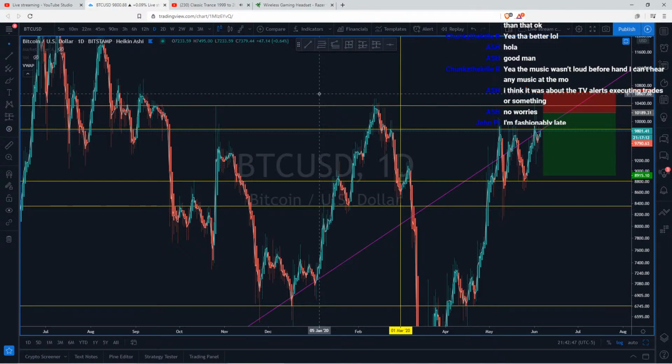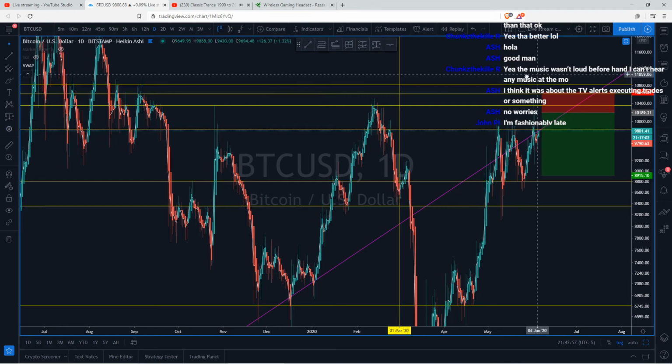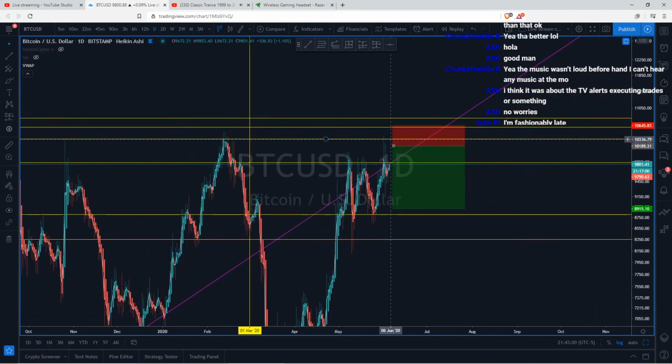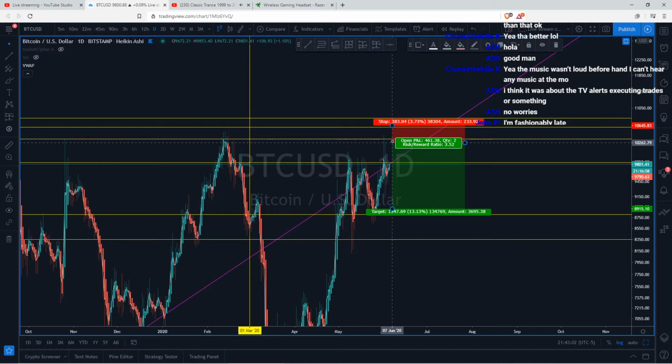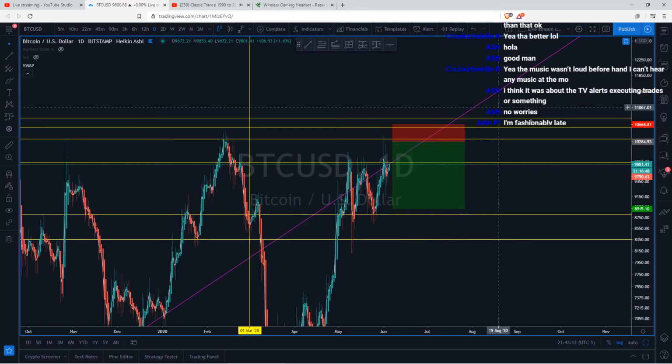Now you've got a resistance level right here. I'll go ahead and use a higher level. Let's say you're coming up on a key level, and you want to put in a short at that key level or around that key level, maybe just before that key level, and put your stop loss up here past the key level.